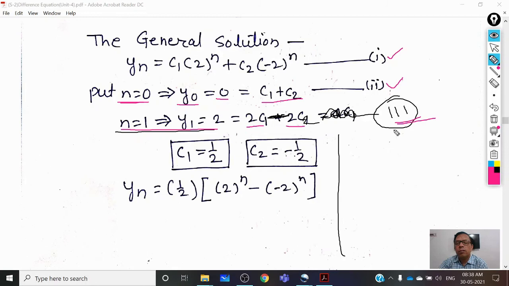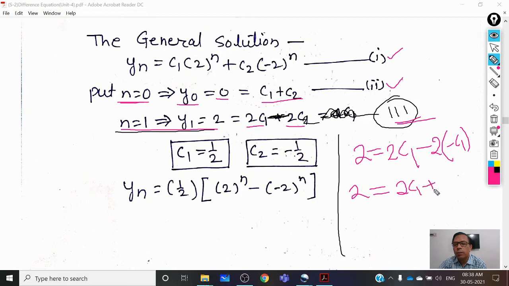And by using equation 2, equation 3 becomes 2 equal to 2C1 minus 2 into minus C1. So it will be 2 equal to 2C1 plus 2C1, which means C1 equal to 1 upon 2.